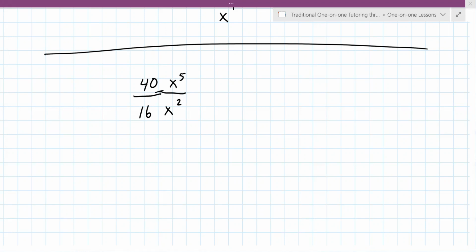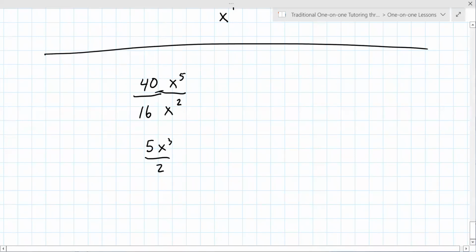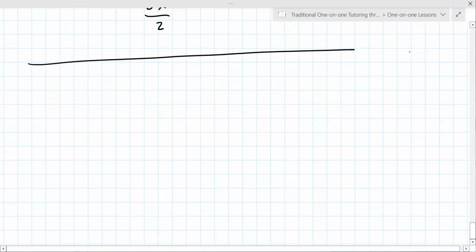I got 5x to the third over 2. Yes, that works out great. Okay, now another property is when the bases are the same and you're multiplying, you add the exponents. I remember that.